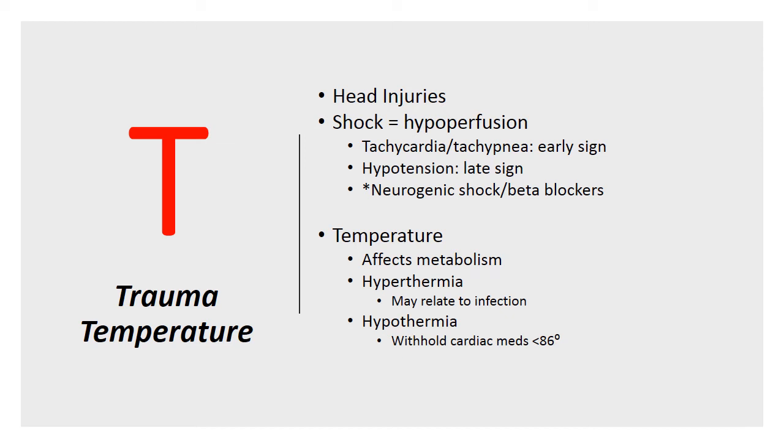They can have major electrolyte abnormalities, and the whole process of metabolism is disrupted. And the same with hypothermia. Hypothermia can end up causing vasoconstriction, which can cause hypoperfusion, and a variety of other things.